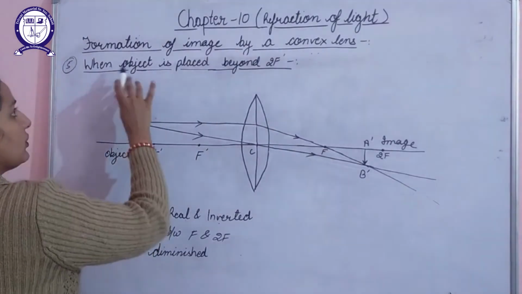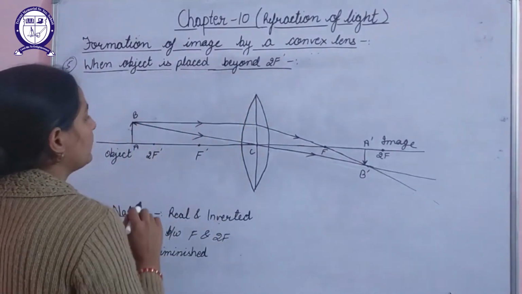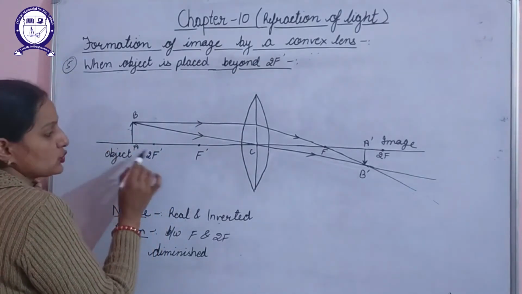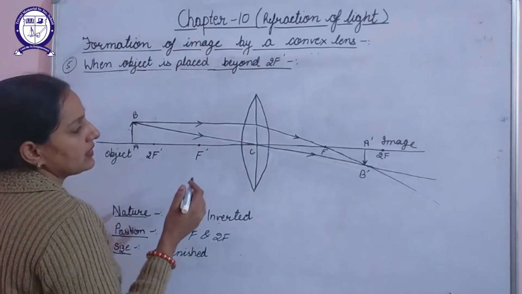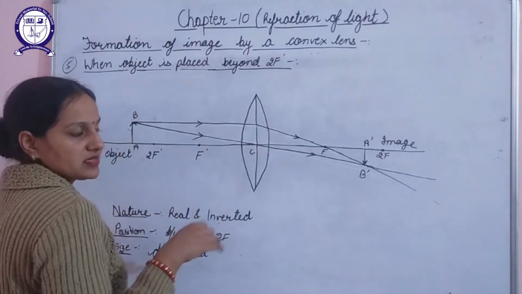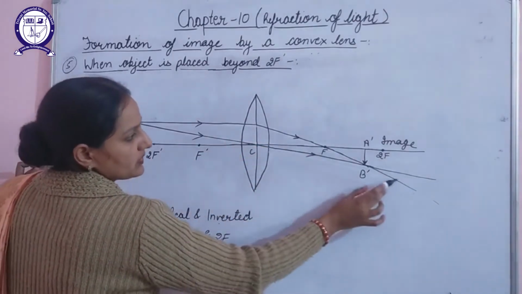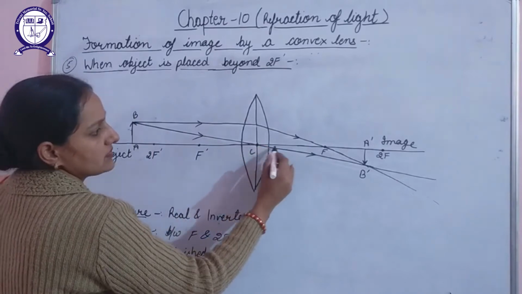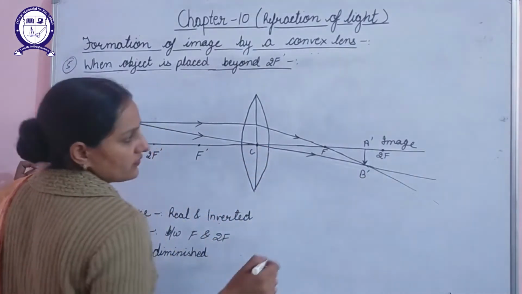Fifth case, when object is placed beyond 2f dash, that means if we place our object AB beyond this 2f dash, so how will the ray diagram look? One ray of light is parallel to principal axis, so as usual it will pass through principal focus. Second ray of light is passing through optical center, so it will go straight without any deflection.